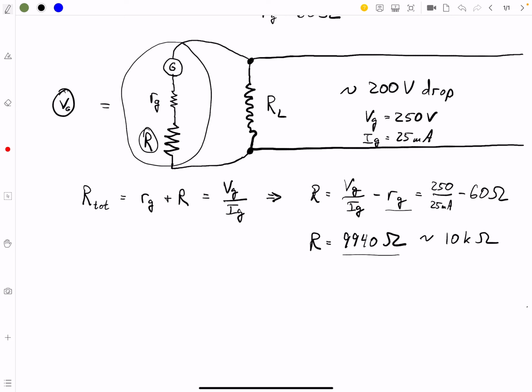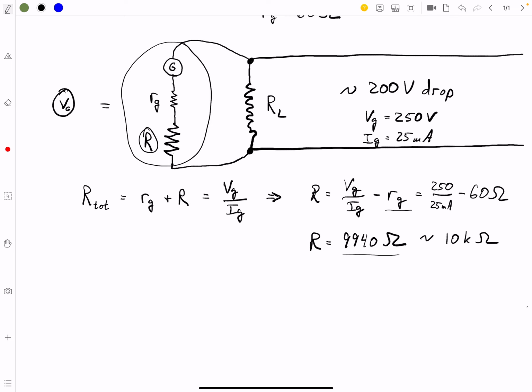If we drew the close-up of that junction, here is our I load. That's our IS, and that's our IG. The path of least resistance is the RS, and we want it to go through the path of least resistance. So the shunt resistor needs to be smaller than our RG.